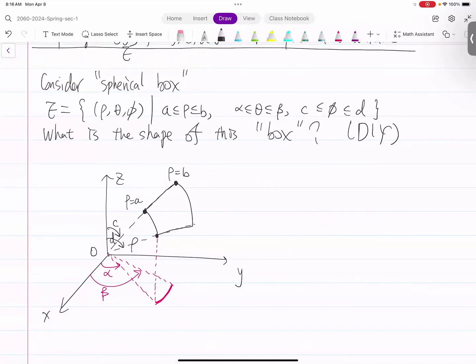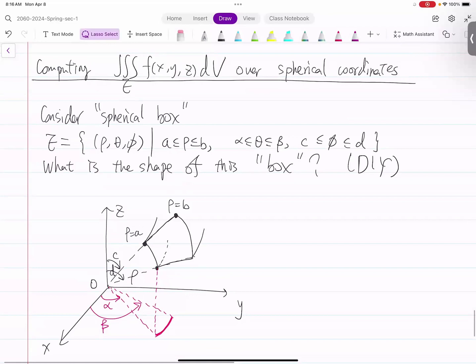So let me just quickly sketch these edges. It's going to be something like this. So here I want to make sure that these are seen horizontal. Okay.